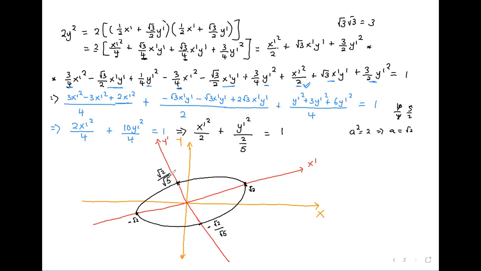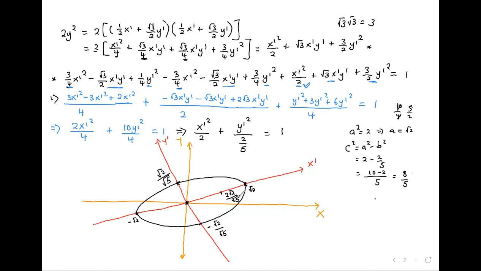Then from there we get C. So C squared is equal to A squared minus B squared. So we get 2 minus 2 over 5, giving us 5 down. That is 10 minus 2, which is 8 over 5. So C is going to be the positive root 8 over root 5, which is 2 root 2 over the root of 5.